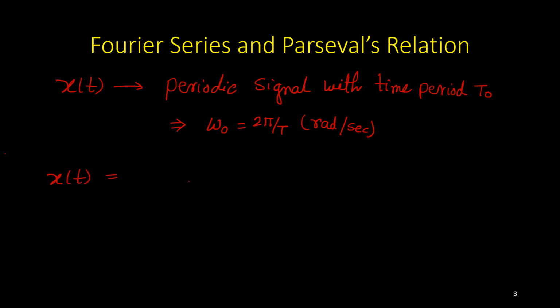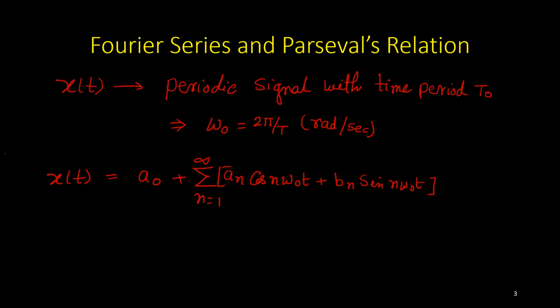In particular, we can have one DC coefficient A0 and the AC coefficients An and Bn, with An multiplying cos n omega naught t and Bn with sin n omega naught t, where n will start from 1 to infinity, all positive integers.